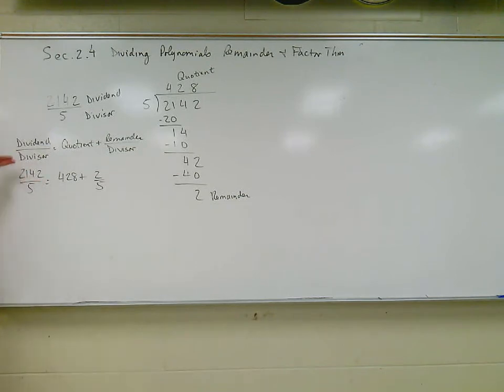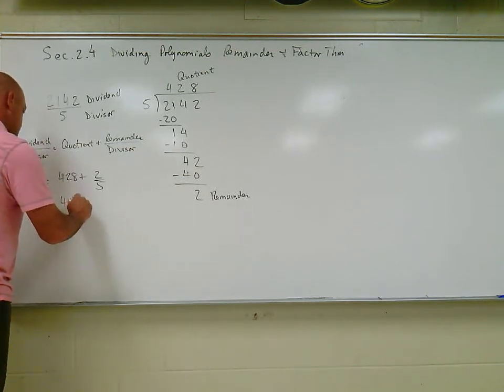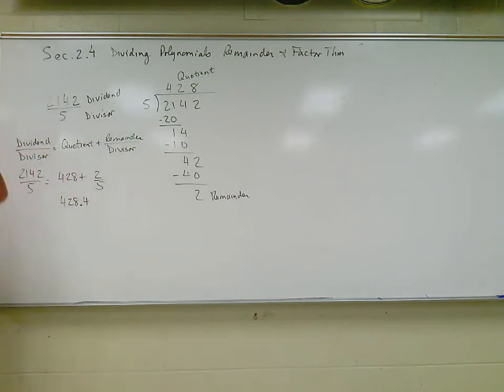Well, if you type 2142 divided by 5 on your calculator, you're not going to get 428 plus 2/5. You're going to get 428.4. Well, where does that 0.4 come from? That's the 2/5. So that's how it tells you what your decimal represents. Okay?